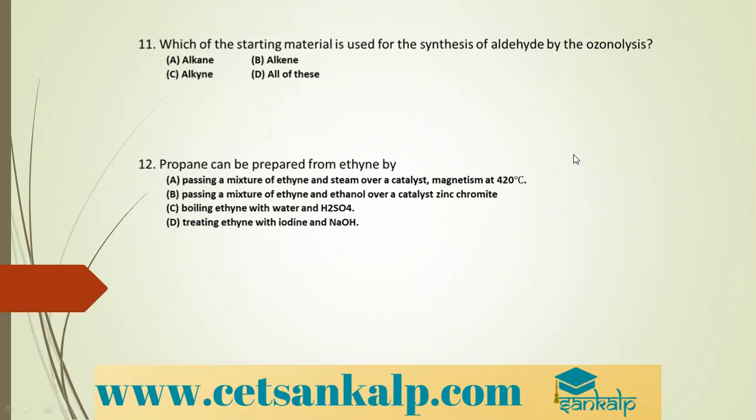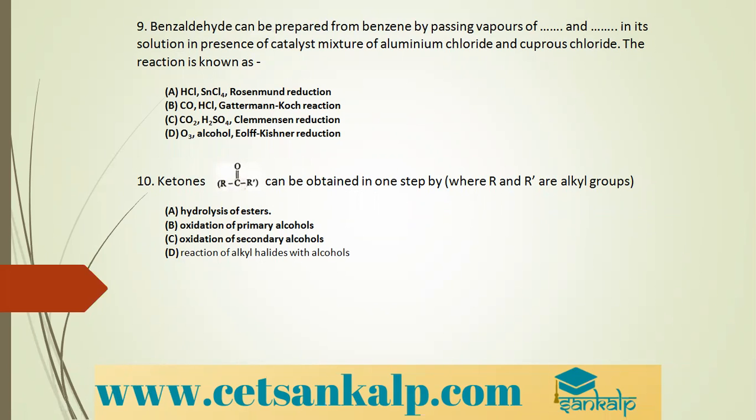If you want to oxidize alcohols to aldehydes only, then we have to go for a selective reagent, which is PCC in methylene chloride, pyridinium chlorochromate in methylene chloride. And if you want oxidation of alcohols to aldehydes and then to carboxylic acids, then we are going to use a stronger oxidizing agent like acidified K2Cr2O7 or alkaline KMnO4.